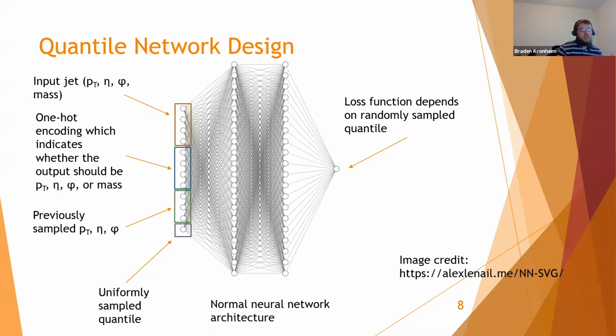Okay, so how this actually works when we put it into a network is we take an input jet, so pT, eta, phi, and mass. We do a one-hot encoding of whether we're going to predict pT, eta, phi, or mass of the target jet. And we include any previously sampled pT, eta, and phi, as well as a uniformly sampled quantile.